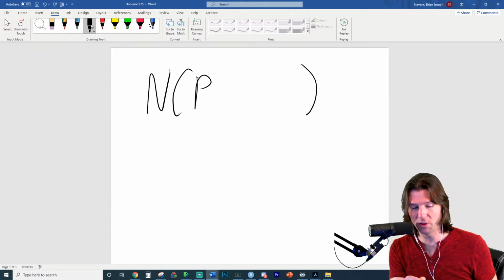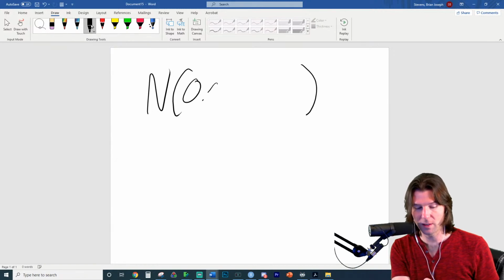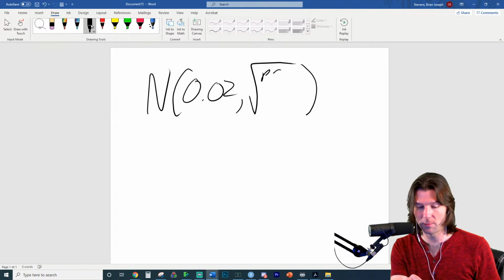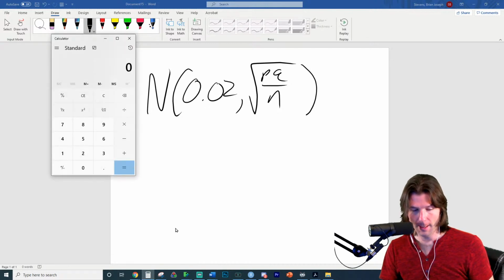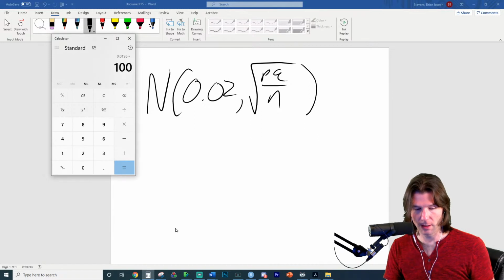So since we know 2% are defective, we'd expect 2% defective. Then right here, we're going to have the square root of p times q over n. And so now we're going to solve for the standard error of the distribution. And it's going to be 0.02 times 0.98 divided by 1,000 products, and then we square root this.